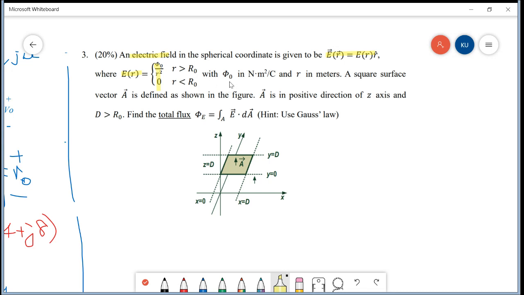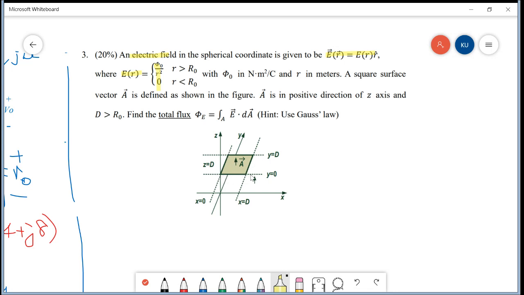So phi 0 is N m squared over Coulomb, and R is in meters. So the square surface vector A is defined as shown here, which is a square.